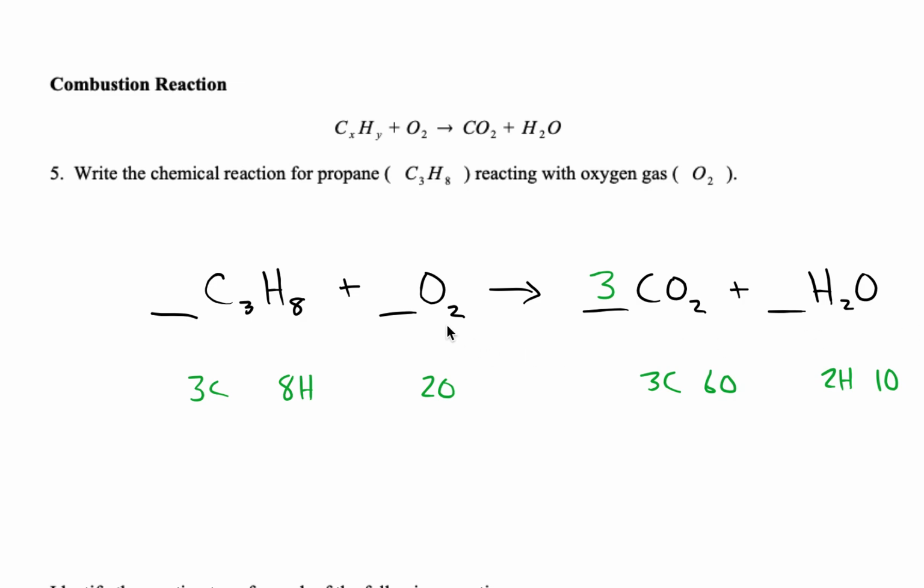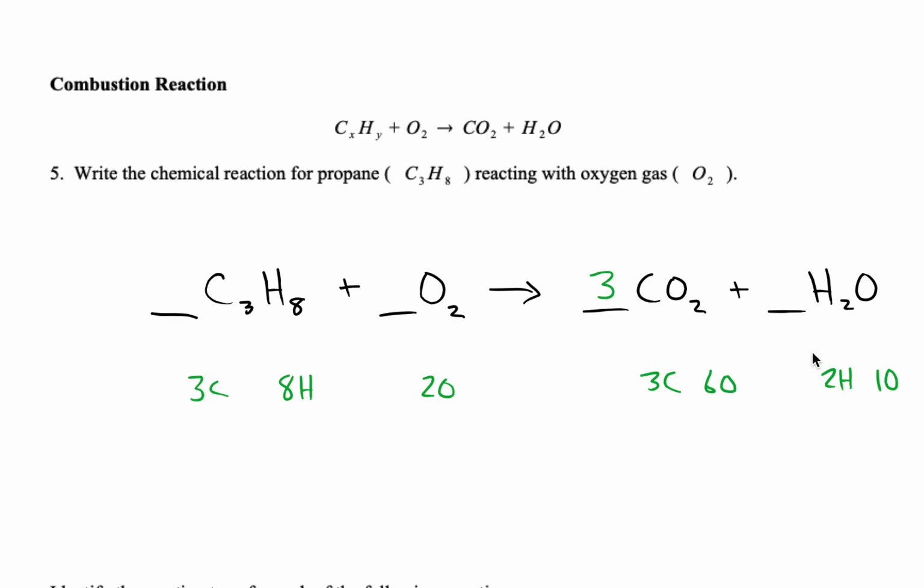I'm going to wait to balance the oxygen. Because it's alone, it can be fixed at the end no matter what. I can put any number out front I want in order to make that work out. So I'm going to focus on some of the other elements instead. So take, for example, here we've got 2 hydrogens on the right, but 8 hydrogens on the left.